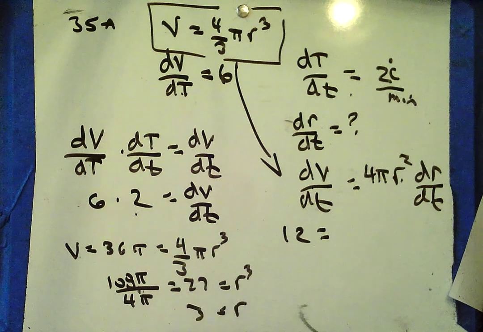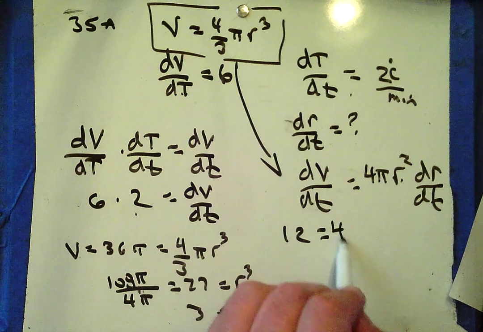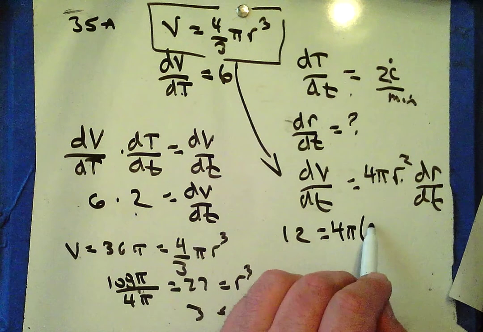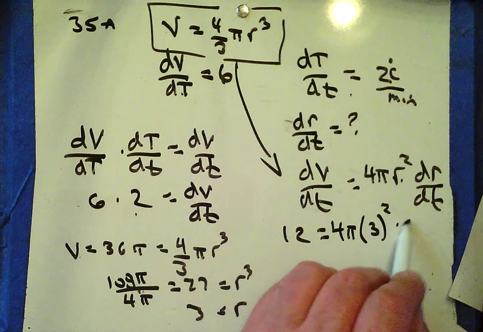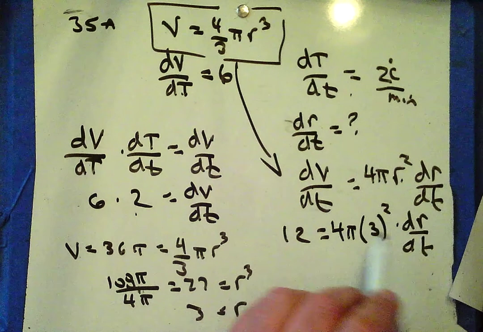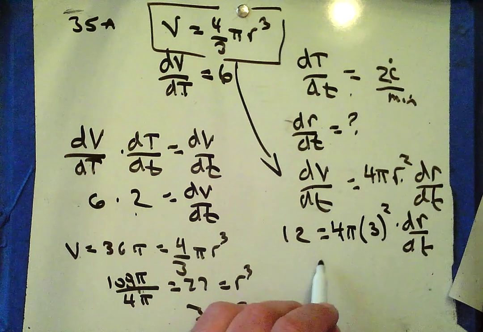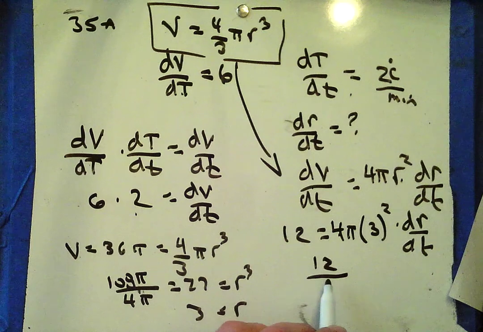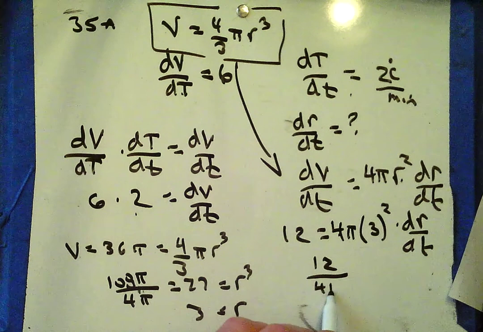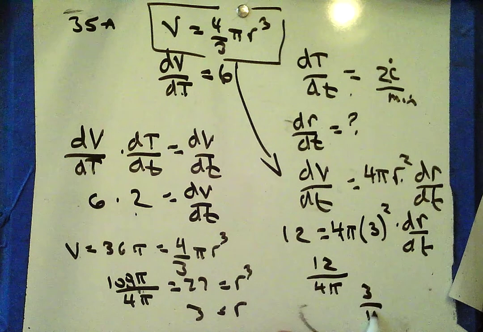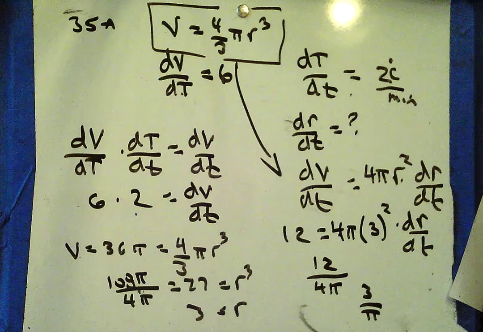So r equals 3. So 4 pi 3 squared dr/dt. That's 9 times 4 is 36. So I get 12 over 4 pi, or 3 over pi, is dr/dt. 3 over pi is not one of my choices. I hate my life.